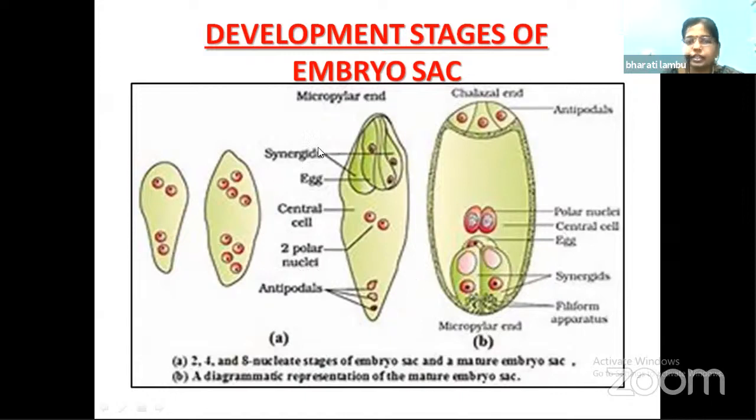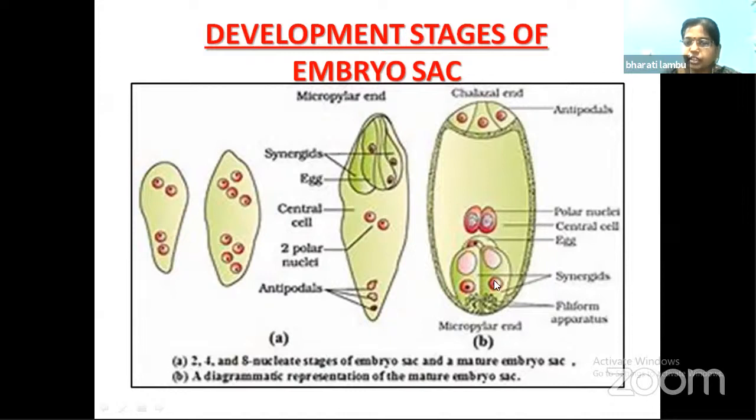So at the micropylar end, 3 cells are formed. At the lower chalazal end, 3 nuclei are also present, which will develop a cell wall layer and be surrounded by the cell wall to form antipodals. So at the chalazal end, you can see 3 antipodals.